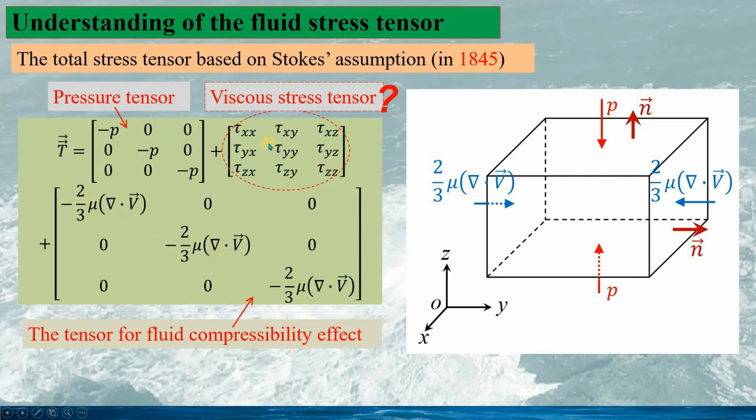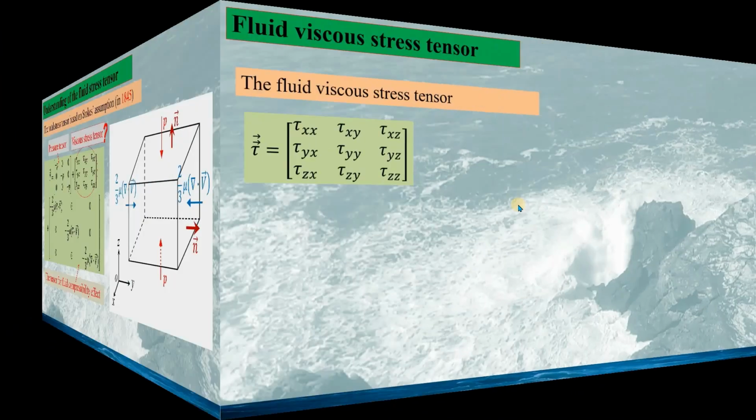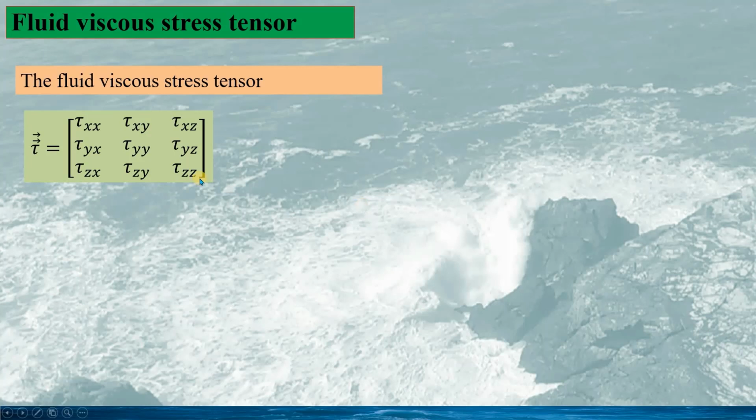And in this talk, the viscous stress tensor is the focus. So the following slides are made for the understanding of the viscous stress tensor. The fluid viscous stress tensor can be expressed as tau double arrow as a matrix like this. We can see here we have 9 expressions.